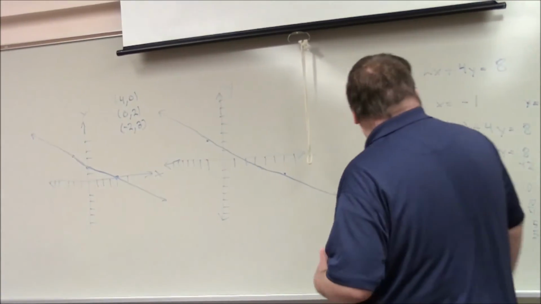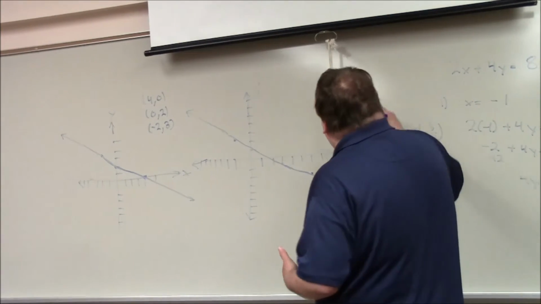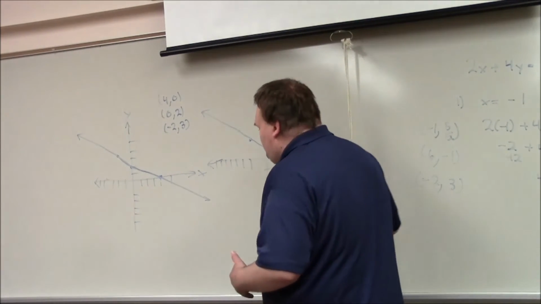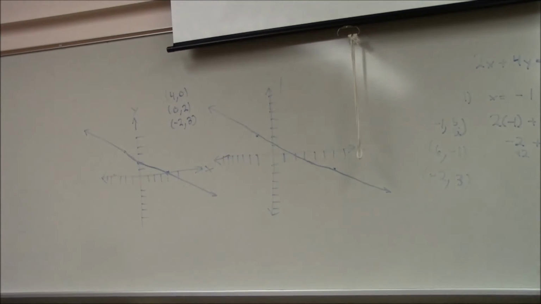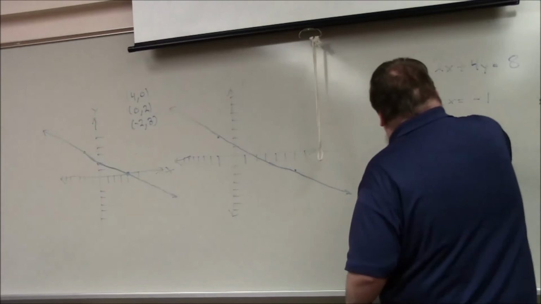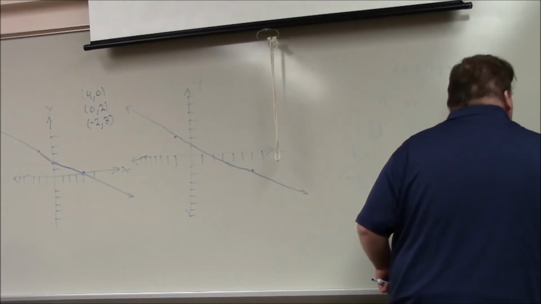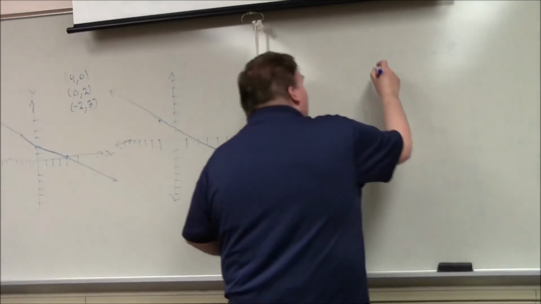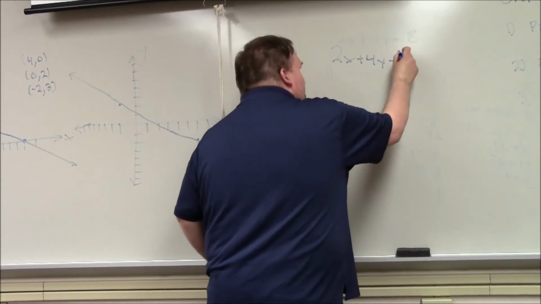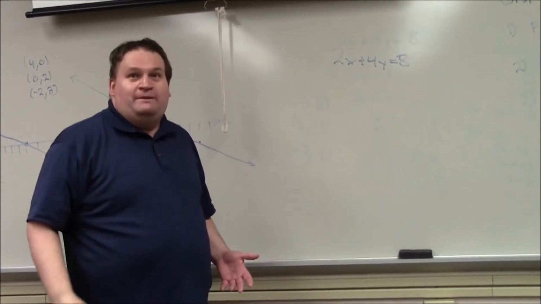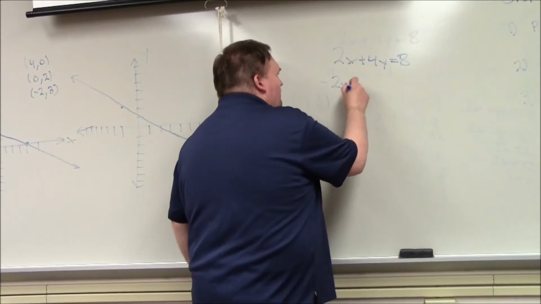The next one is use the slope and the y-intercept. So I'm going to erase this for a second and use my slope. Now if I have the equation 2x plus 4y equals 8, we have to solve for y to find the slope. So I'm going to subtract 2x on both sides.